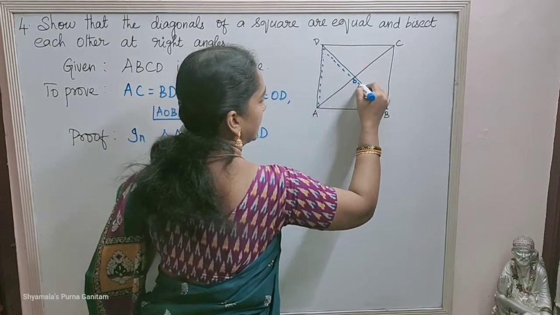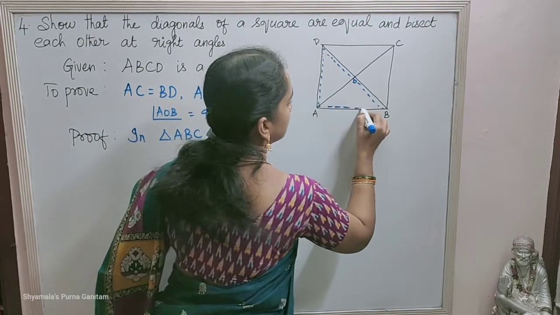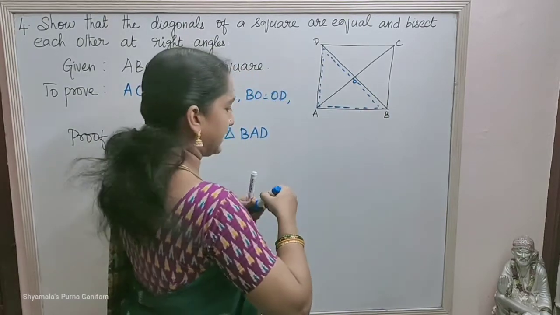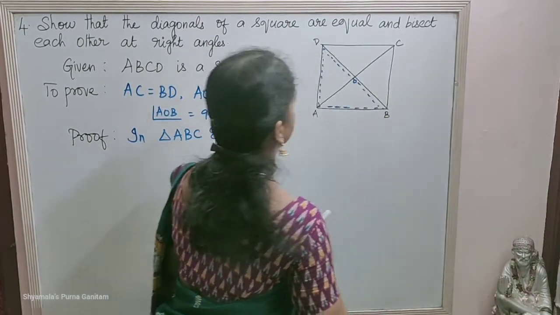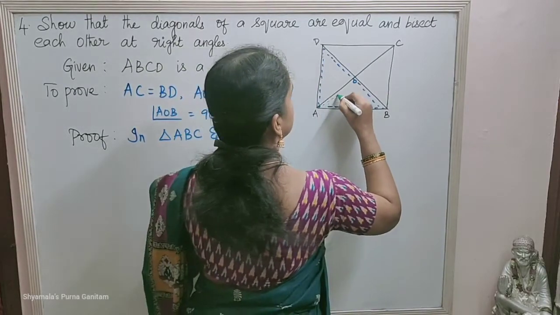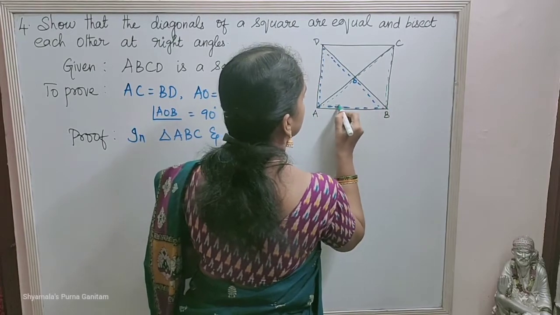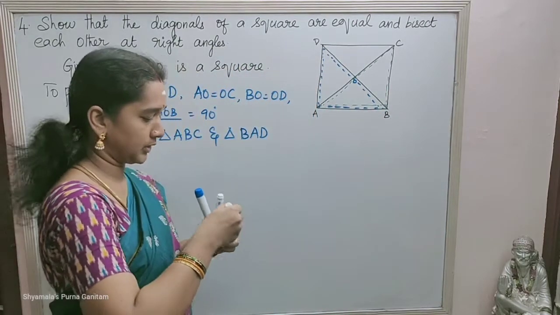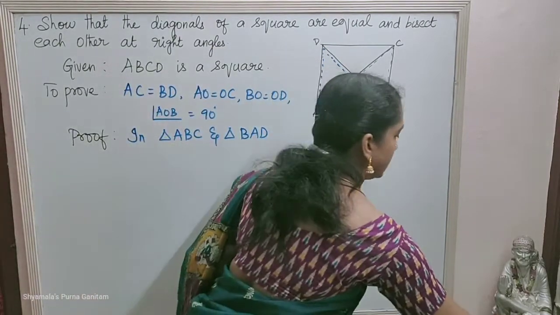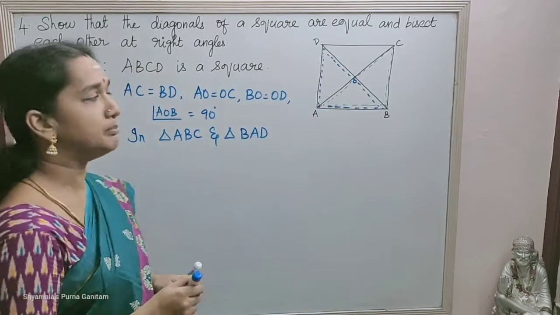BAD is this triangle. This is one set of triangles. The other set of triangles is this one, ABC. So, these two triangles we will take now.